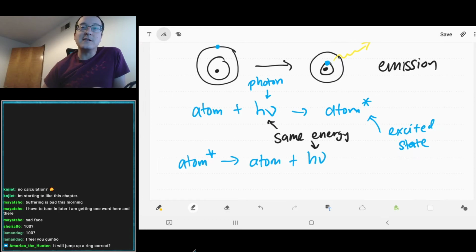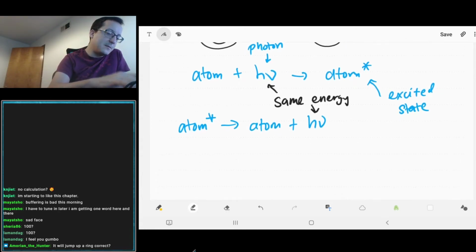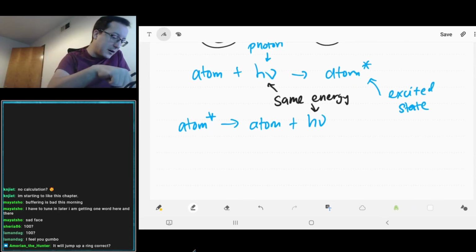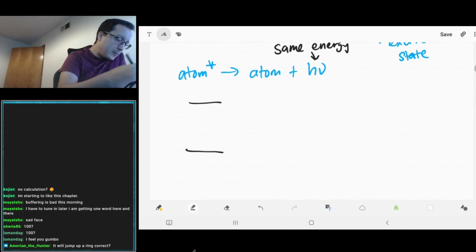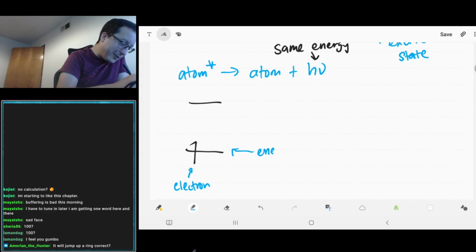That's called fluorescence. So sometimes, if we think about this vertically, electrons are often done with little arrows. Let me go ahead and draw that. And these are just kind of energy levels.